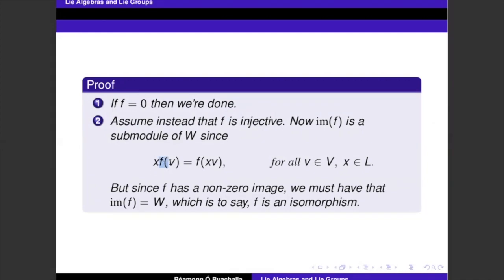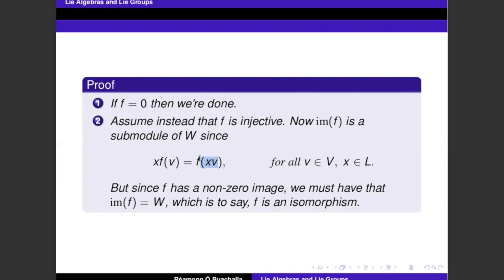If we take some element in the image of V, we want to show that if we multiply by x, it's going to be, again, contained in the image, which is to say it's going to be equal to f of v prime for some element. But this v prime is just xv, because we can bring it in. You take it out or you can bring it in, just going in the opposite direction.